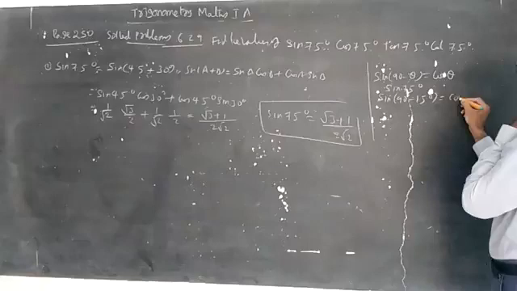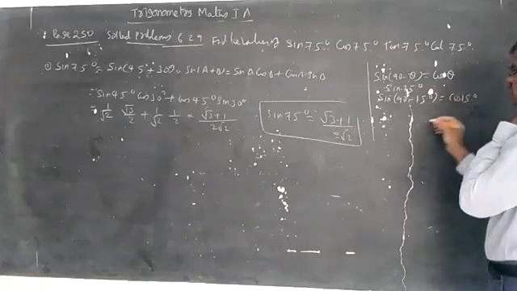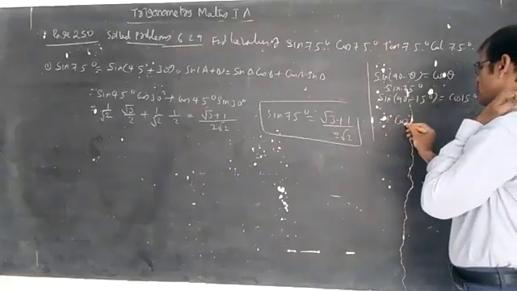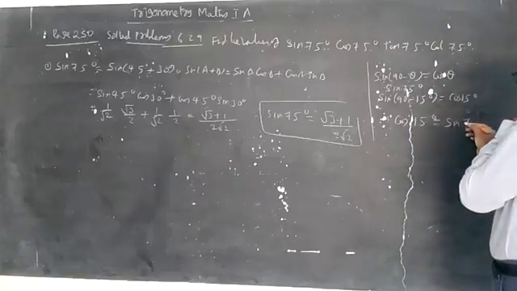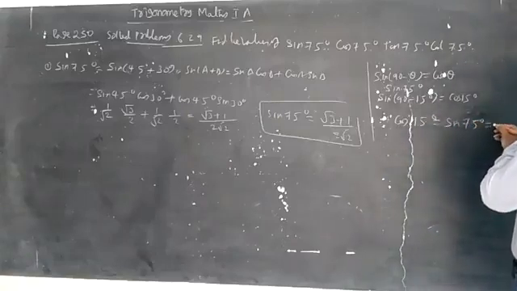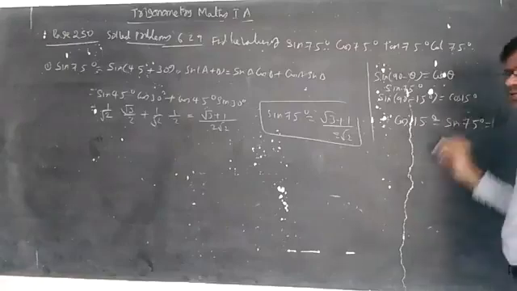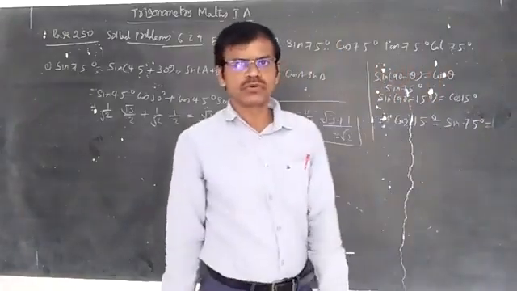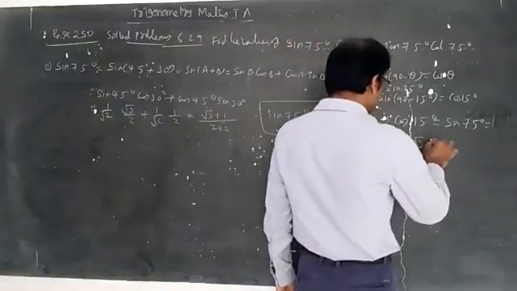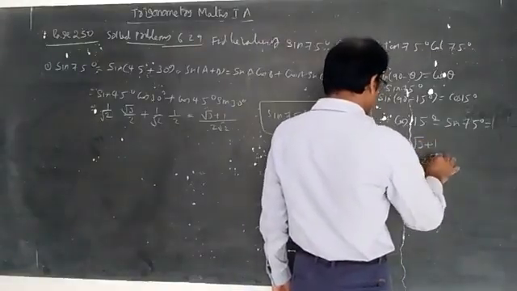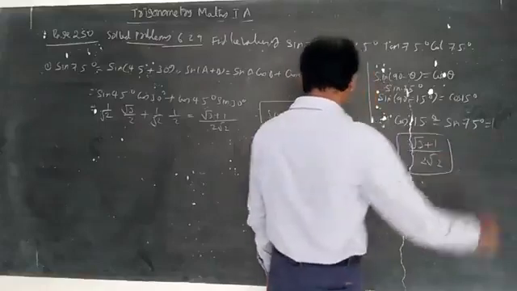It becomes cos 15. Therefore, cos 15 degrees is equal to sin 75 degrees, which is equal to (root 3 plus 1) by 2 root 2.